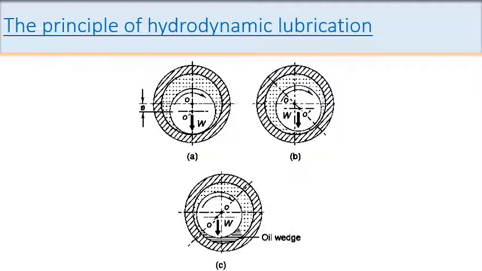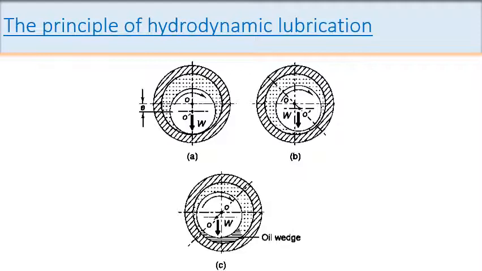As the speed is further increased, more and more oil will start flowing, and it will force that oil into the wedge shaped region as shown in figure C. This is the narrow zone which is responsible for creating the pressure in this type of system.